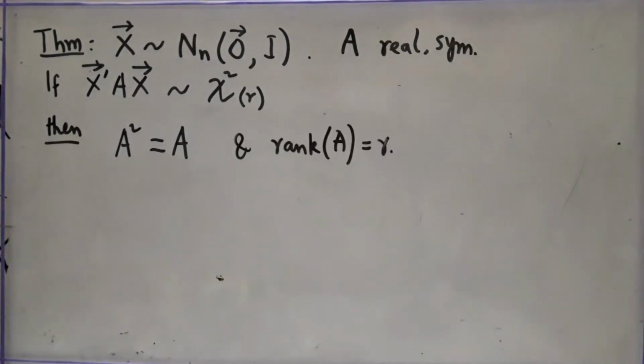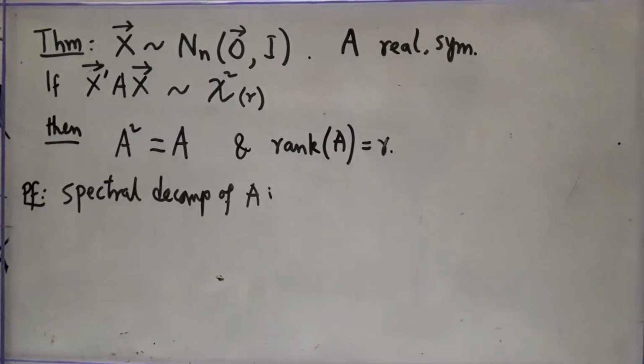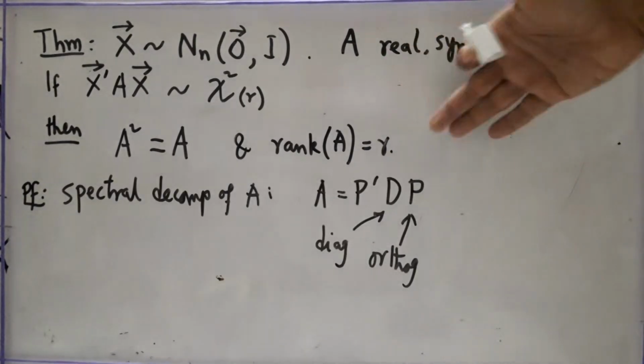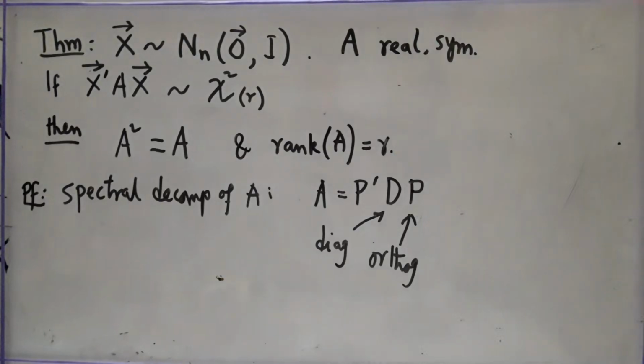The proof of this will require spectral decomposition of A. A is a real symmetric matrix, so I can always decompose it as P transpose D P, where P is orthogonal and D is a diagonal matrix.